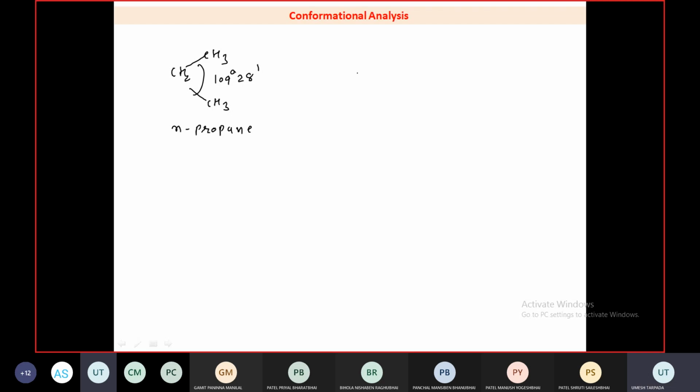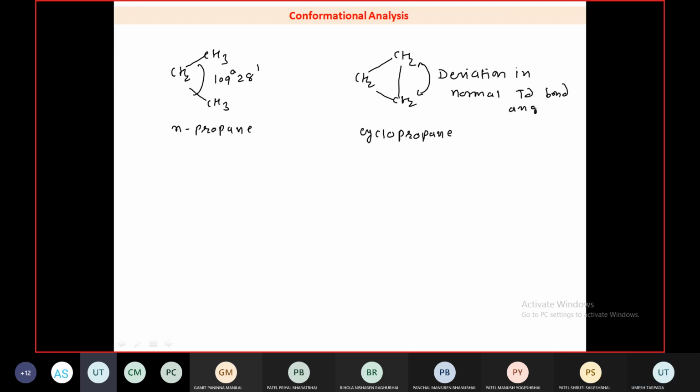But with a cyclic structure like cyclopropane, you get a deviation in the angle between these two groups, a deviation from the normal tetrahedral bond angle. As a result, you get a structure with some reactivity.